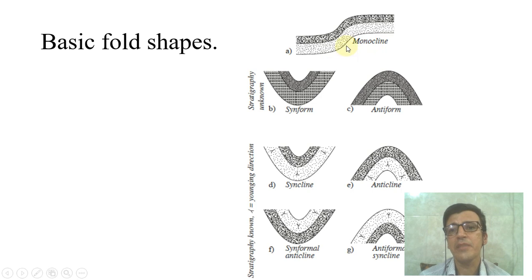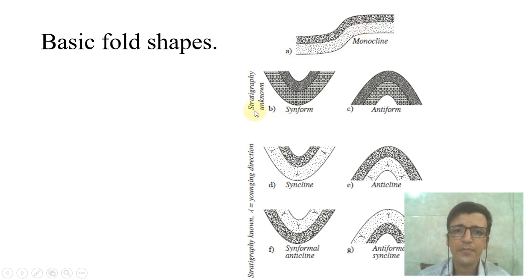Maybe you have something in your imagination that a fault should have two limbs. No, just any surface that is tilted, not completely horizontal, is a fault. Any non-horizontal surface can be considered a monocline fault. Okay, this is the first type of fault.